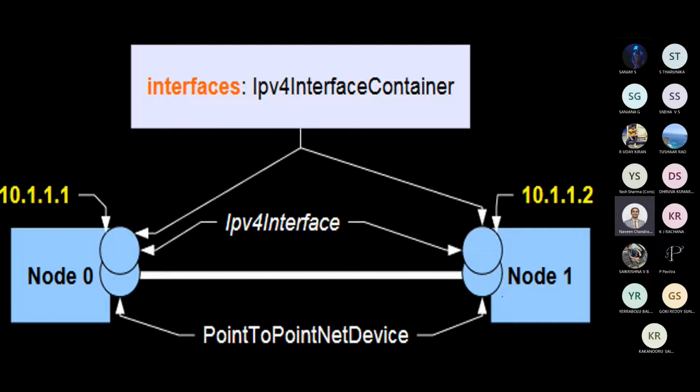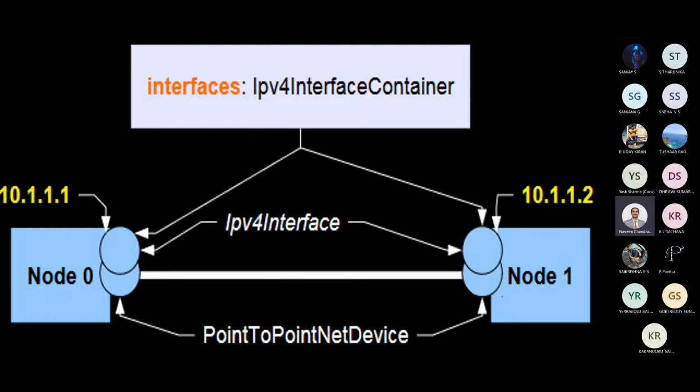There are other addressing mechanisms like MAC addresses, and next you'll be knowing about port numbers, which is the port address. Here we are assigning the IP address based on the IPv4 interface. You can also think of an IPv6 interface container, where the address to assign is 128 bits, whereas here, as it is IPv4, we are assigning only 32-bit addresses.